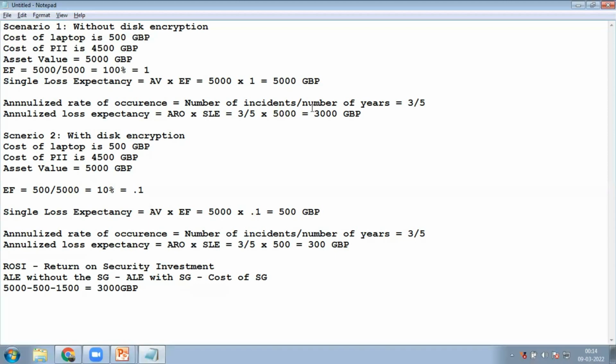Now it's 50% less, so it definitely gives me a benefit. In the examination they'll ask you what is the cost of the safeguard that you invest in. So you need to do AV, EF, SLE, and then ARO, and then ALE, and the value of the ALE should be more than the safeguard that you are actually choosing. They will give you 4 options, out of which one will be lesser than the ALE, and that is your best answer.